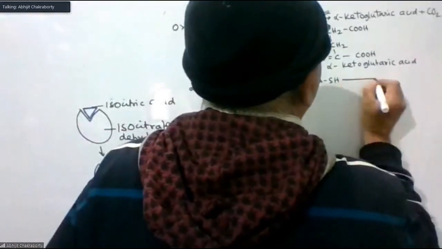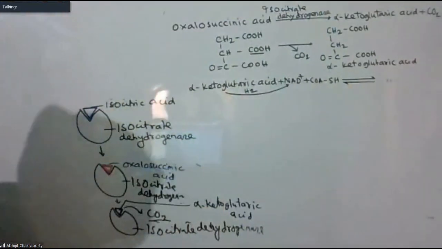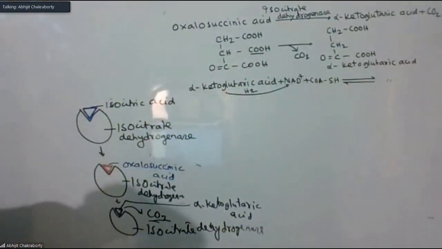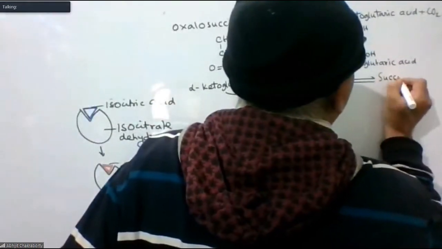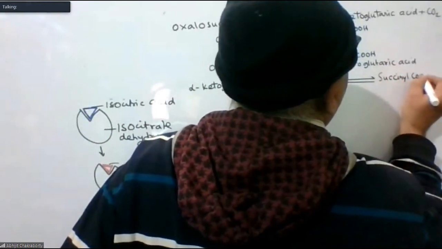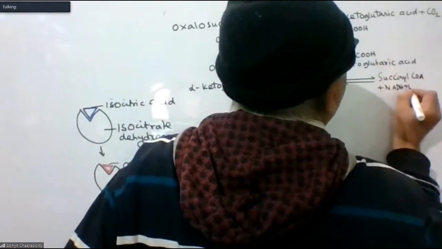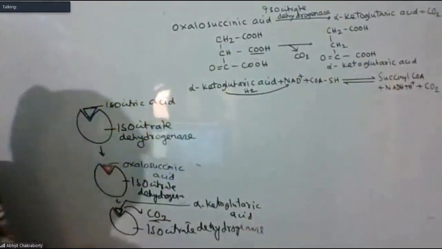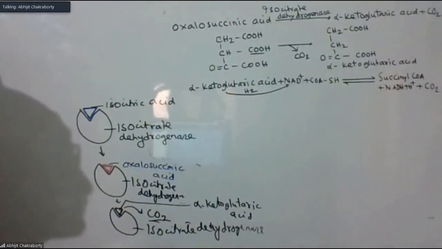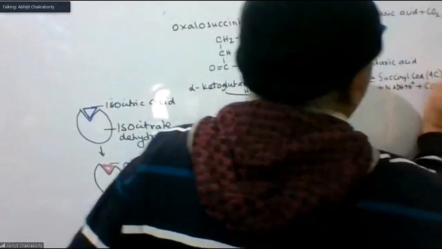forming succinyl coenzyme, plus again there is release of carbon dioxide, and you know it's a 4-carbon compound.